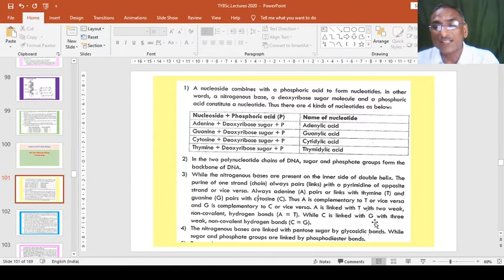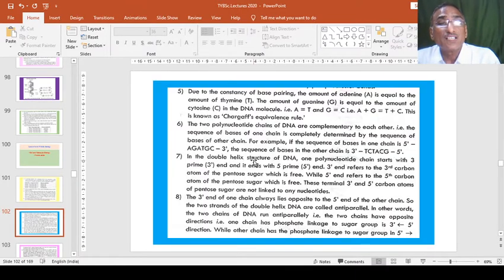Three bonds are here, three weak non-covalent bonds in cytosine and guanine. The nitrogenous bases are linked with the pentose sugar. This is deoxyribose sugar and this is phosphate. The bases are linked to the pentose sugar by glycosidic bonds, while sugar and phosphate groups are linked by phosphodiester bonds.